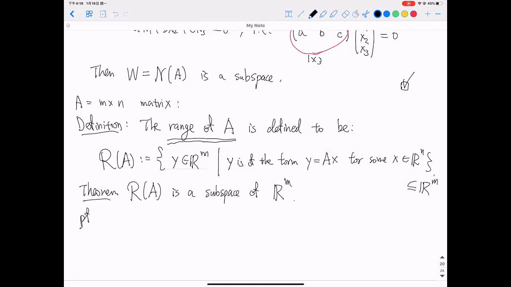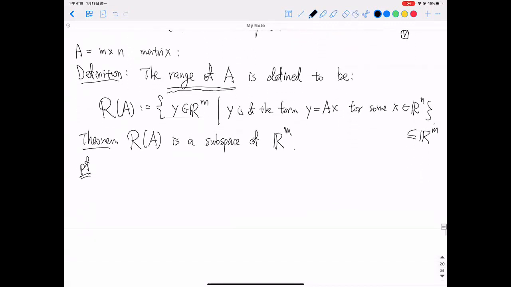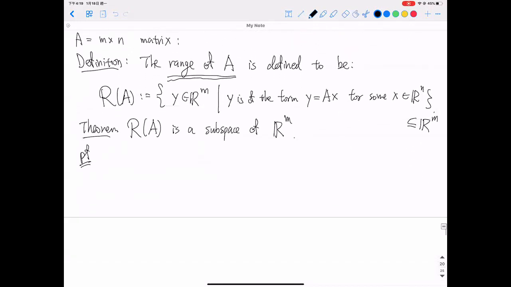Now the proof, well, you can do this in some different ways. You can certainly check the properties S1 through S3 as we did before in other situations. But you can also do the following.